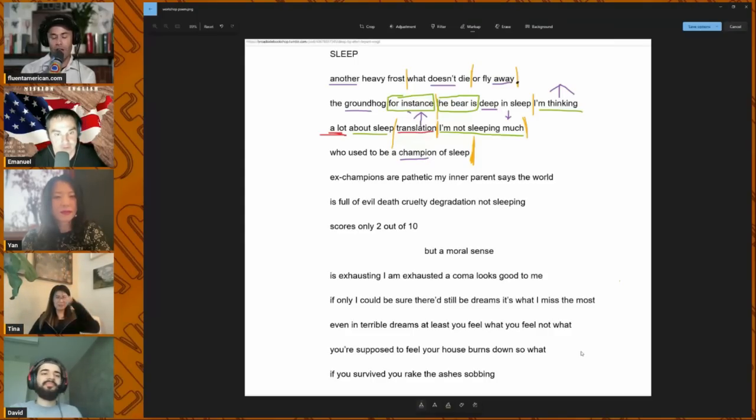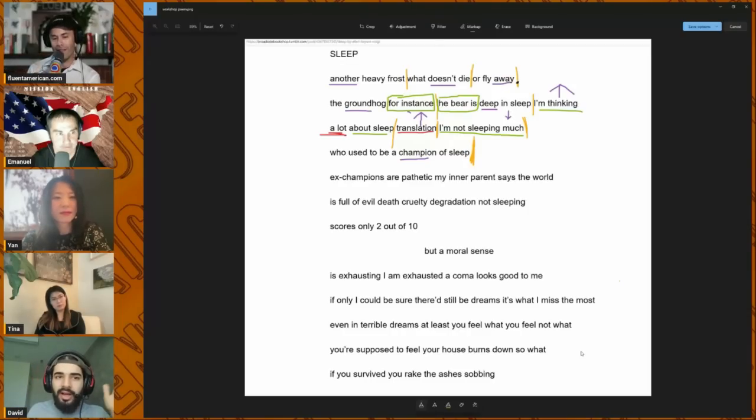I think the other thing to keep in mind too is that this is the beginning of the poem. This is the start. When you start a presentation, when you start reading out loud, your listener has no idea what's about to hit them. So I don't have to lull them into the heaviness just yet.